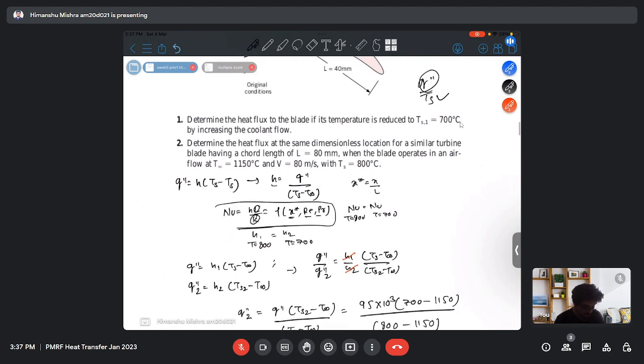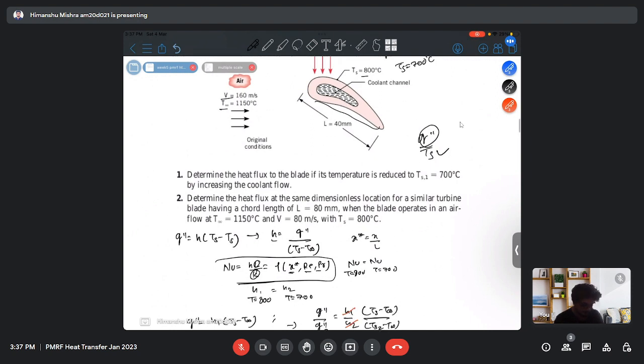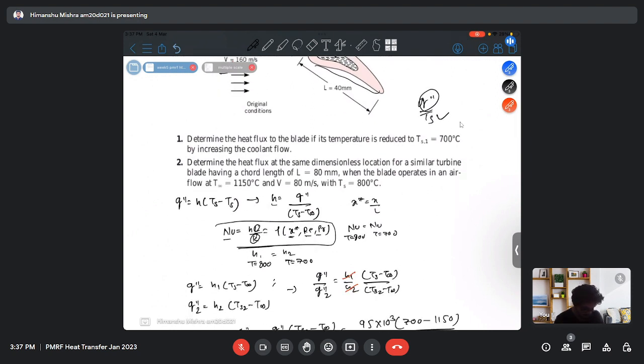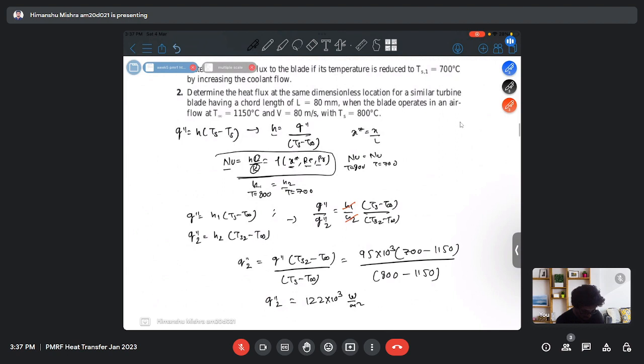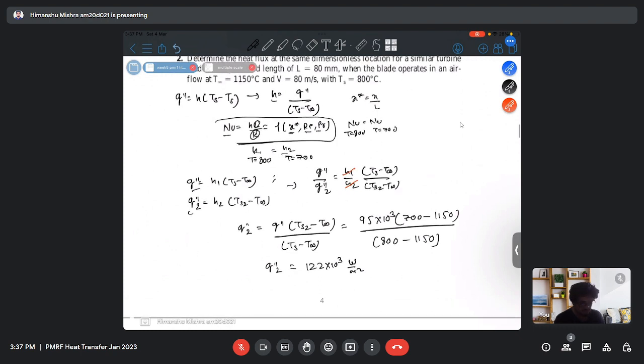And since there is no change in the velocity, fluid property, as well as the geometric property, we found that the Nusselt number is same, and hence the heat transfer coefficient is same when we change the temperature. And then we take the ratio of two heat fluxes just to find the modified heat flux. So any doubt in this part?